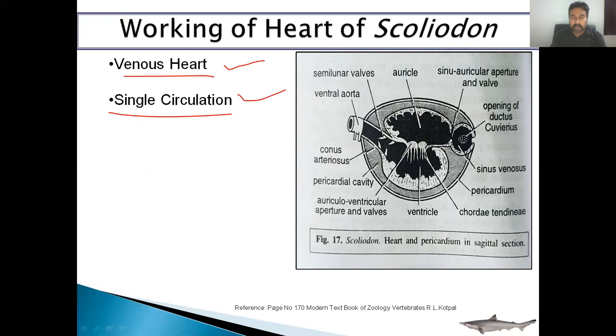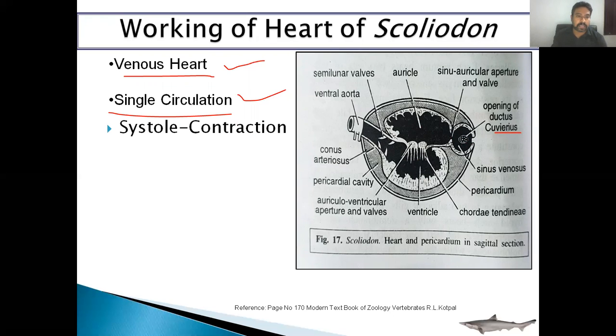As I earlier told you, the sinus venosus and auricle are the receiving chambers, and the ventricle and conus arteriosus are the forwarding chambers. The sinus venosus receives the deoxygenated or venous blood from the ductus cuvieri and hepatic sinuses. Now there is rhythmic contraction of the heart.